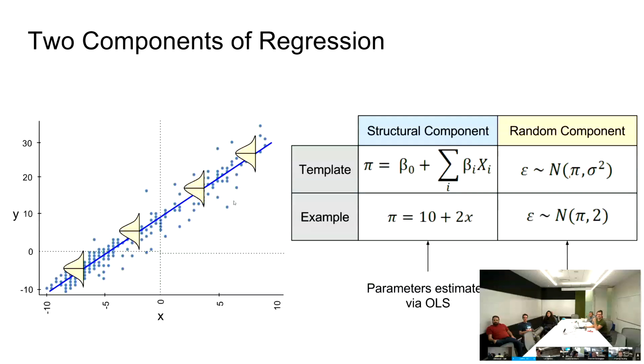In this case, we assume that it follows a normal distribution. So if, for example, you have a very wide distribution of errors down here and a small distribution of errors up here, that's called heteroscedasticity, and that's a problem you have to accommodate for in your model. Okay, so there are two components to regression is the takeaway from this slide.